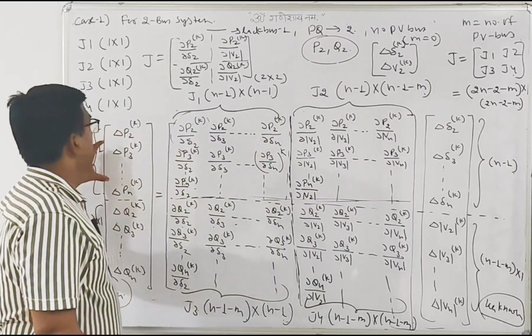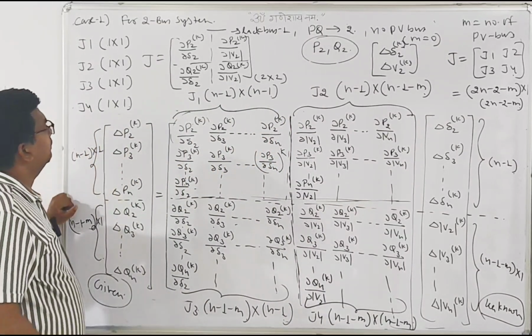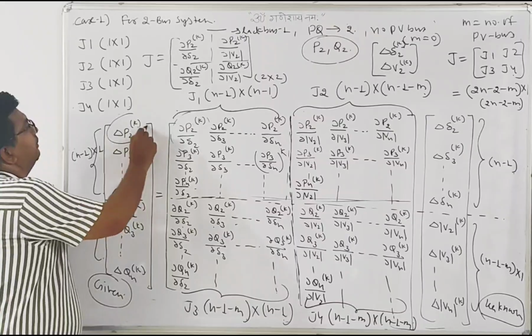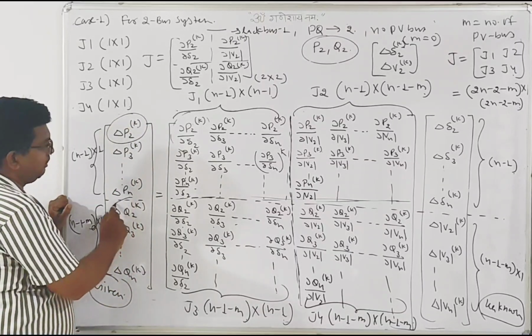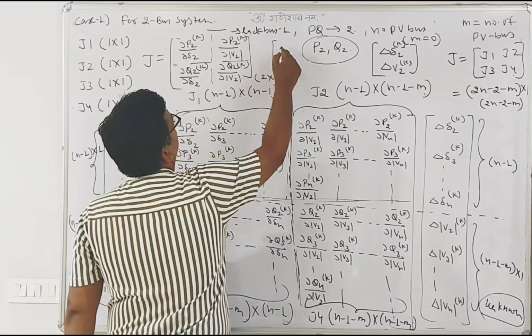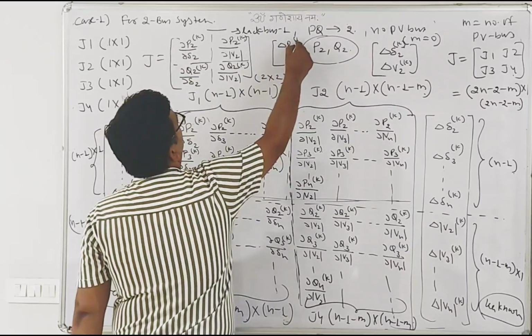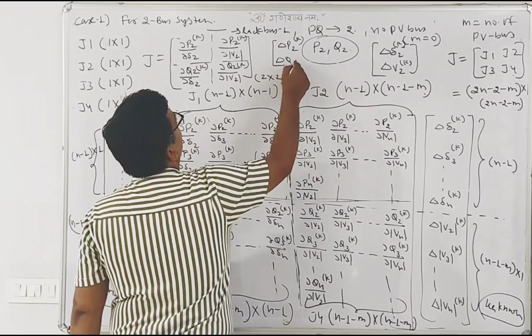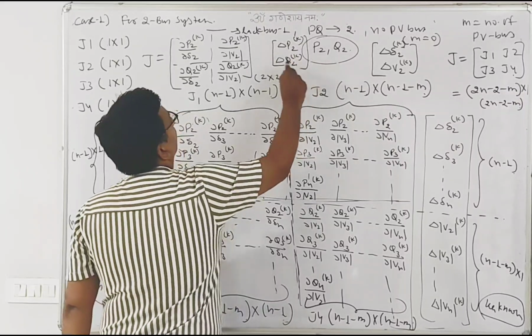Now what we have given, again on the left hand side, is delta P2k and delta Q2k. So these are the given quantities.